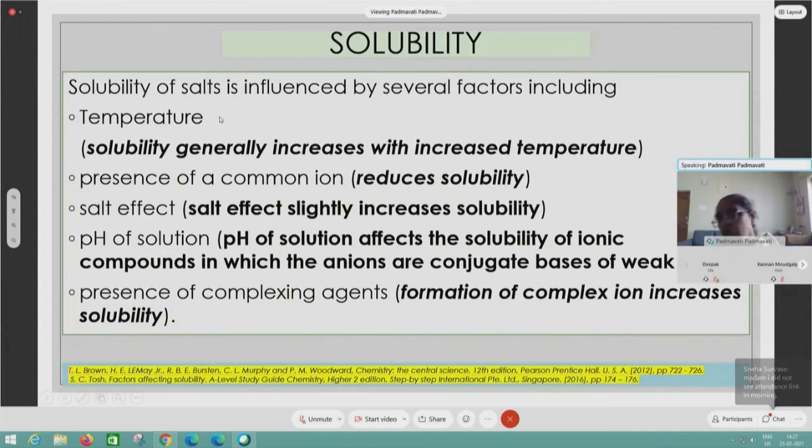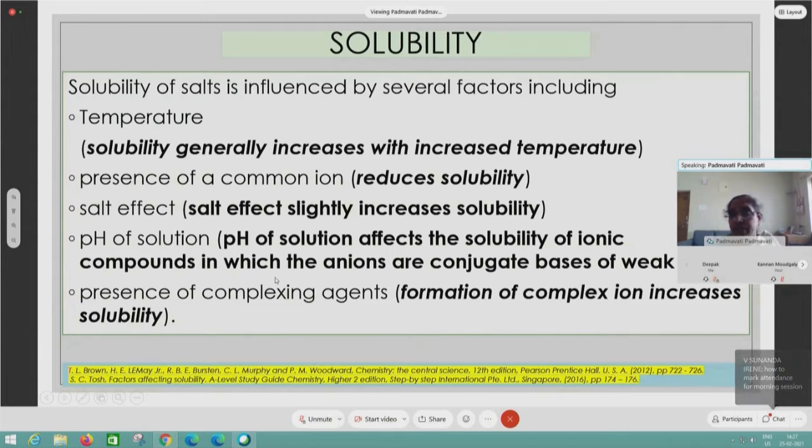Solubility, as we are all familiar, is dependent on temperature. An increase in temperature automatically helps to increase solubility. Suppose we put a little salt in water and raise the temperature, it dissolves. Sugar in water, we are all familiar with these general examples. If you have an ion in common, the solubility decreases, and if you have a salt, it increases solubility.